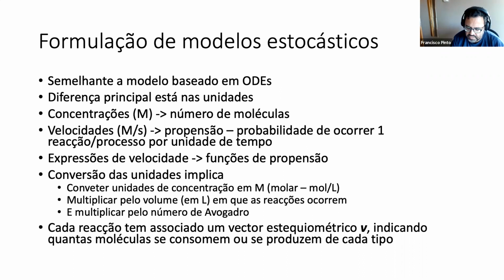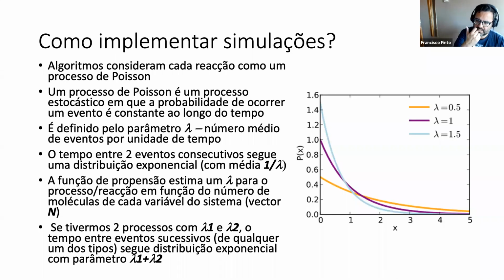And you can also have other types of propensity functions, as we used in differential equations. The difference is in the units. But once we have that propensity function, how do we compute which events will occur at each time?